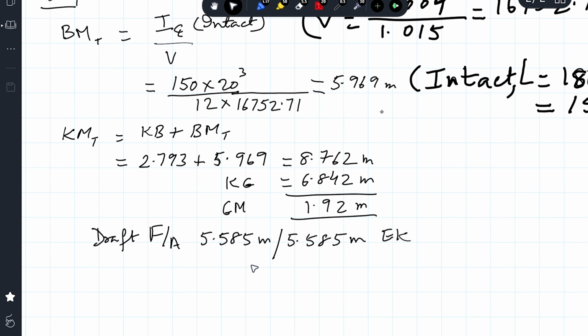There will be just a bodily change, a bodily rise from 6 meter to 5.585 meter forward and aft. Because in order to have a change in draft forward and aft, there must be a trimming moment. And for trimming moment, we need the tank.